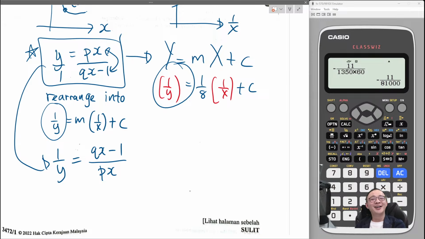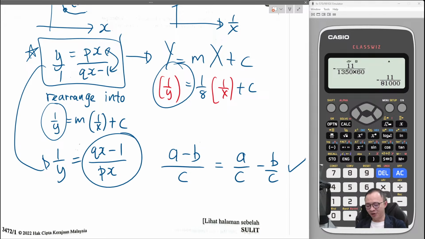Okay, now I want to apply some primary math. A minus b divided by c. Can I say this is a over c minus b over c? You learned this one during primary school, isn't it? So, yes, right? I'm going to split the fraction here by using this method.